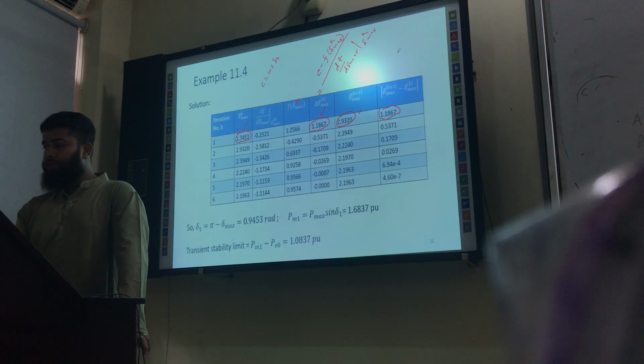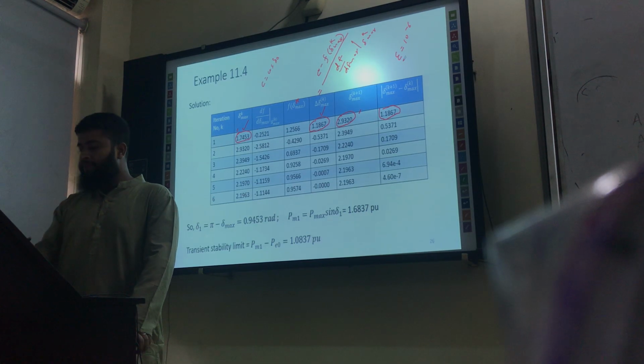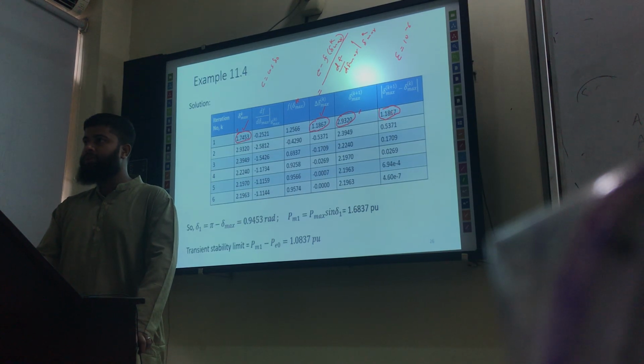Let's say you have the tolerance value as 10 to the power minus 6. Yeah, this will be given. And if it is like that, this difference should be below this one, and this is 1.18. That means we are still far away from the solution, right? So now proceed with the next iteration.